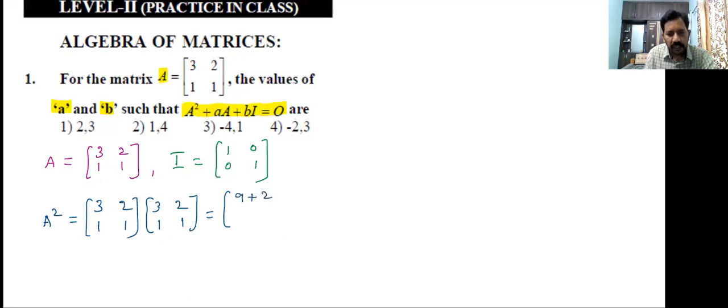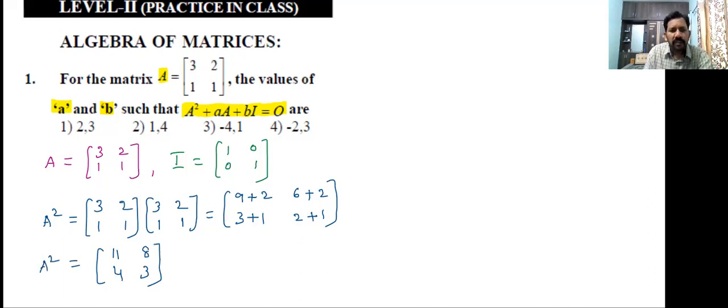Next, 3 twos are 6, 2 ones are 2, so 6 plus 2. Next, 3 plus 1. Next, 2 plus 1. Students, calculate this. What is the A square matrix? 11, 8, 4, 3. This is the A square matrix.